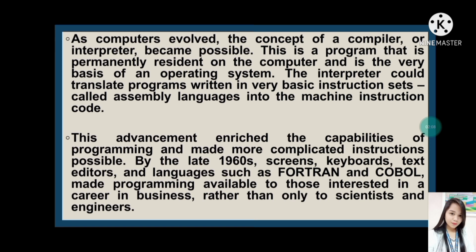This advancement enriched the capabilities of programming and made more complicated instructions possible. By the late 1960s, screens, keyboards, text editors, and languages such as Fortran and COBOL made programming available to those interested in a business career, rather than only to scientists and engineers.